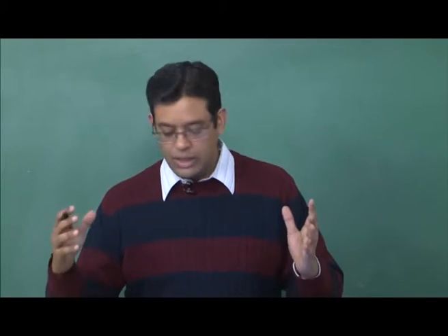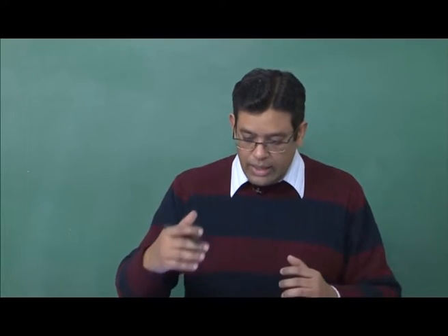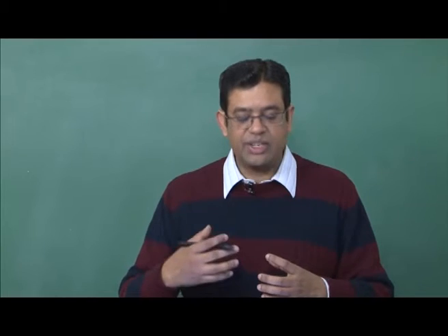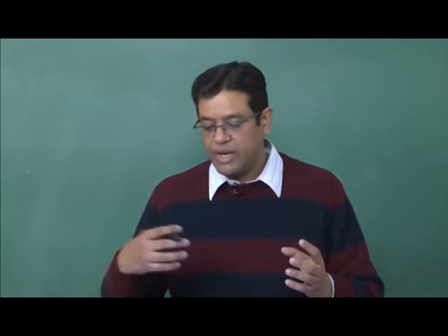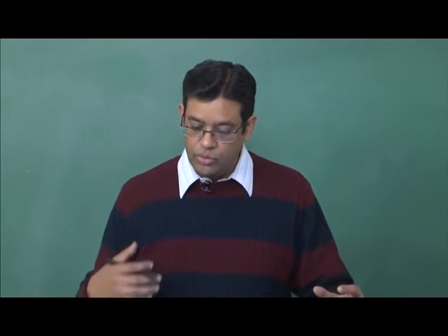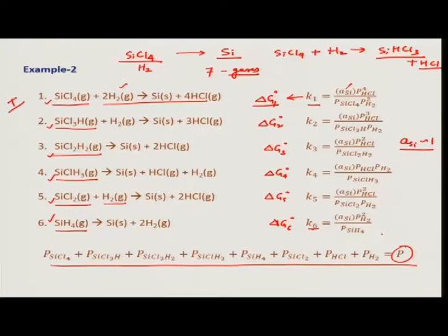So, we can control these, but we do not know how, after reactions at a given temperature, the concentration or partial pressure profile for different gases will look like. To get that, we can use calculations to solve this.